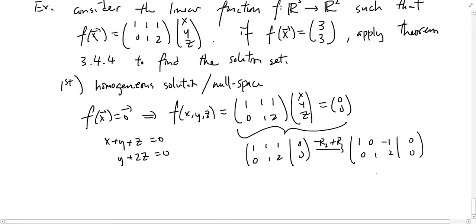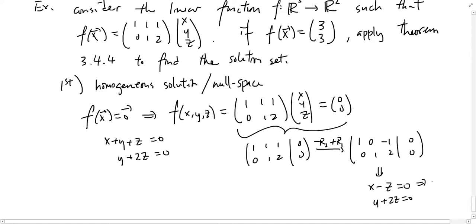That's in the most reduced form because you now have 2 leading entries, and all the other elements in the same column as a leading entry are now 0. So therefore what I have is x minus z equal to 0, and y plus 2z equal to 0.